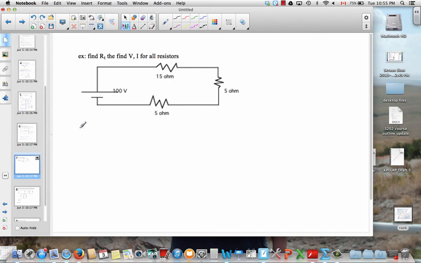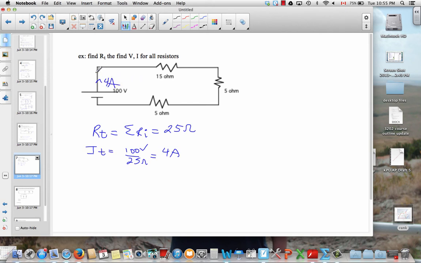They are connected in a row with no junctions in between. So the total resistance will just be their sum. So it's 15, 5, and 5. It's 25 ohms. The total current flow from the cell will then be 100 volts over 25 ohms, which is 4 amps of flow.